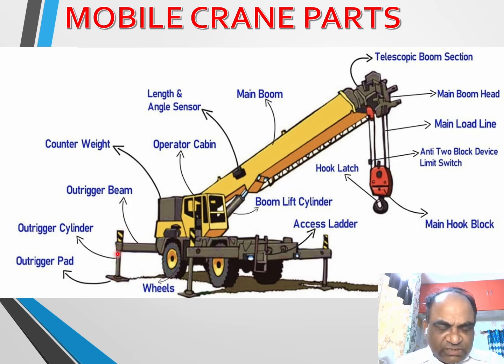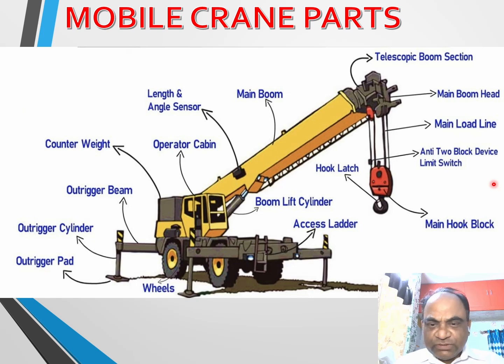This outrigger cylinder helps the crane to move upward, and basically all the load comes on the outriggers, and it relieves the tires so that no load goes on the tire of the truck. Otherwise they will get damaged. They are not capable of bearing such a huge load as the crane is designed for.